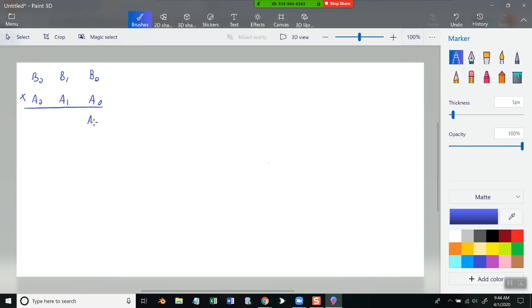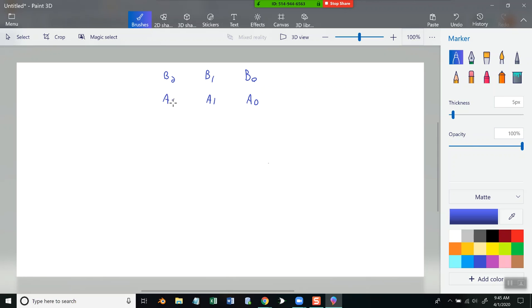That gives me A0, B0. Multiply this times this, that gives me A0, B1, and A0. Now let me start over. If I can move that or not. Poor planning. B0, B1, B2, A0, A1, A2.